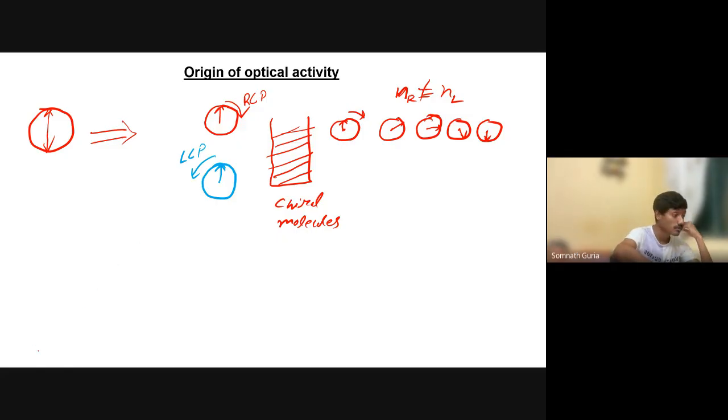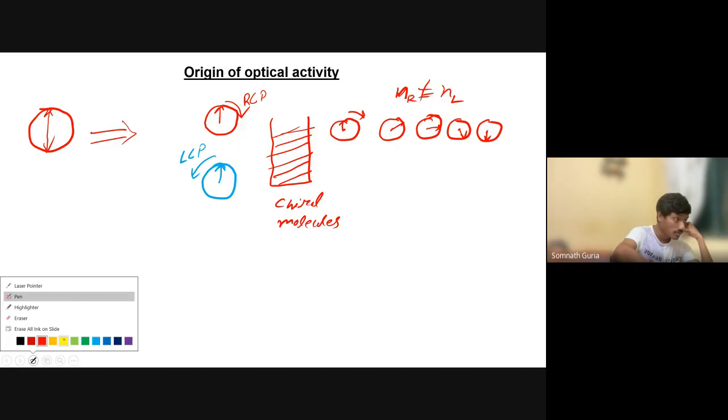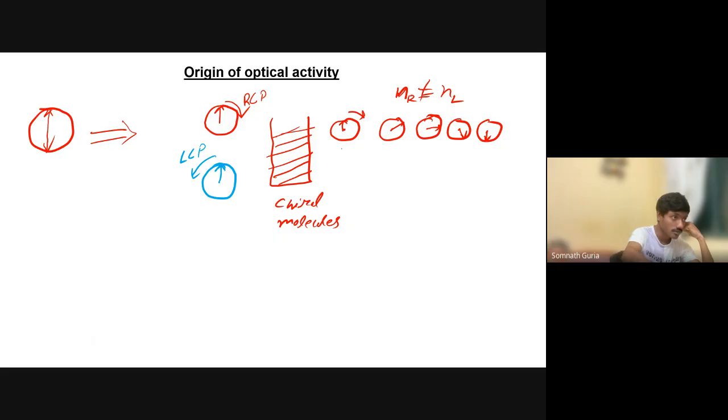Then we'll find the optical rotation. How? For the left hand circularly polarized one, initially this will be my direction, and in the other case it may be here.